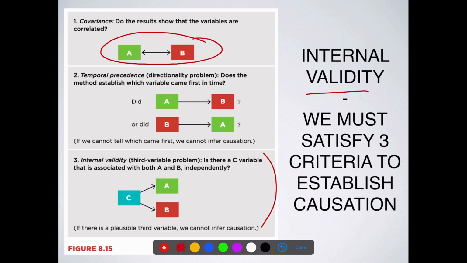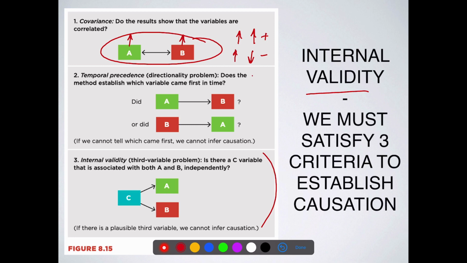You have to establish that as one changes, the other changes. Now, it could be this, right? They both go up together, or one goes up, the other one goes down, right? A positive or negative correlation. So keep that in mind. You have to establish that as one changes, the other changes.